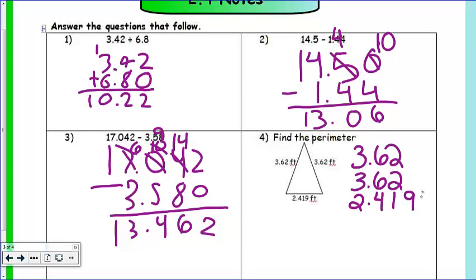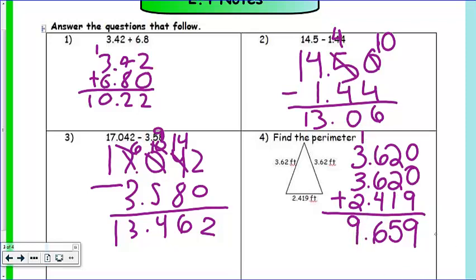And if the decimals don't line up, you have to add zeros at the end. And don't forget to add units, which is feet. Nice. Thank you very much.